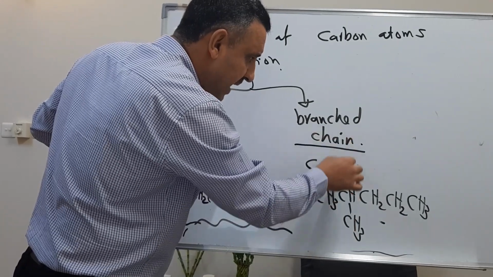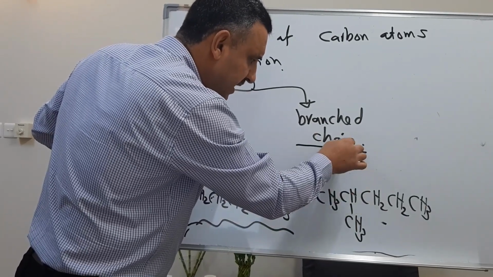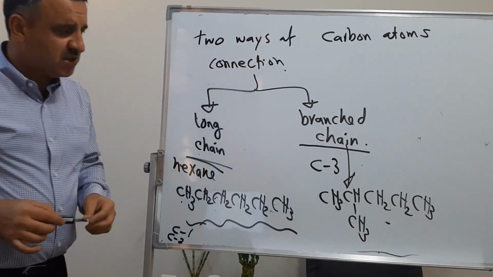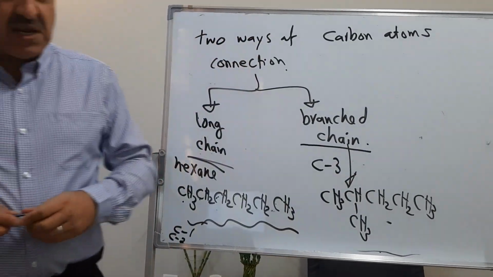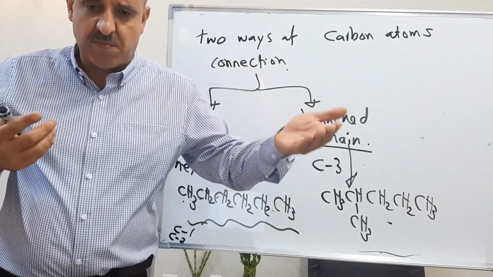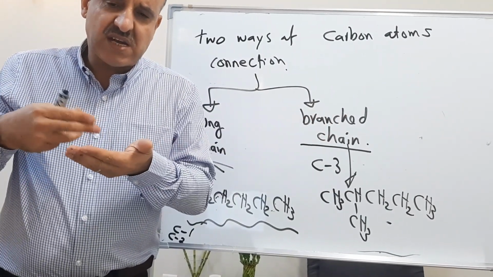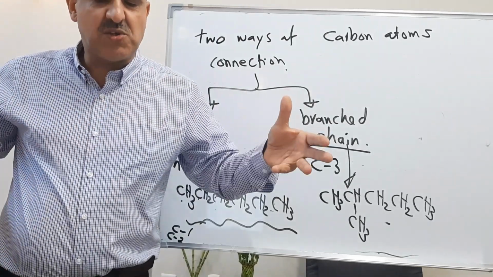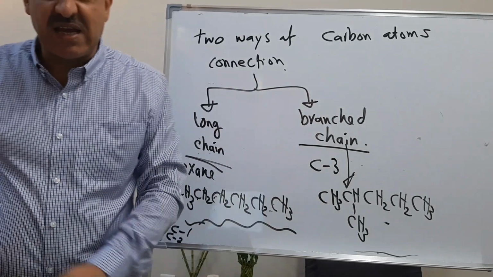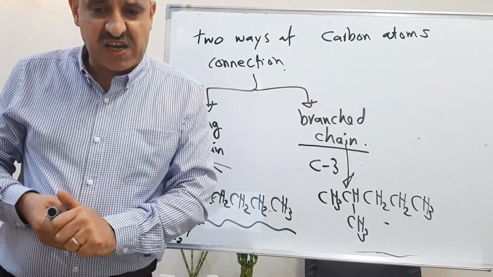This is called branched. Why do we call it branched? Because this carbon is connected to 3 other carbons. So whenever we have at least 1 carbon connected to more than 2 carbons, then definitely we will categorize this as a branched chain alkane.